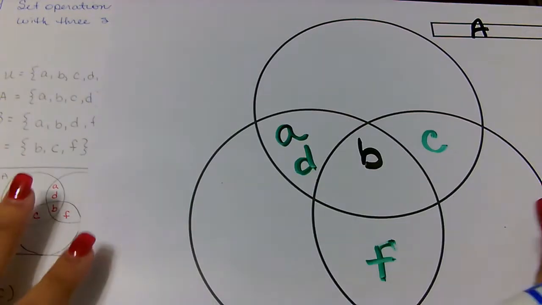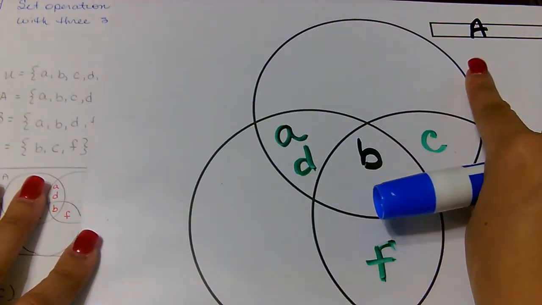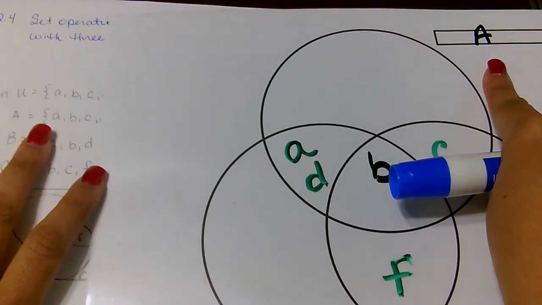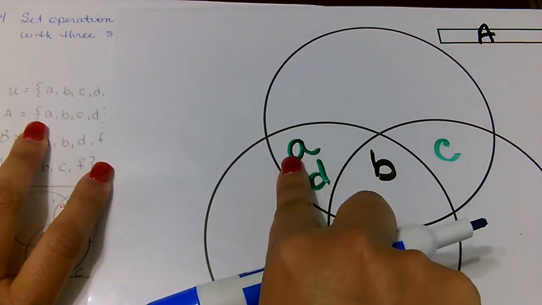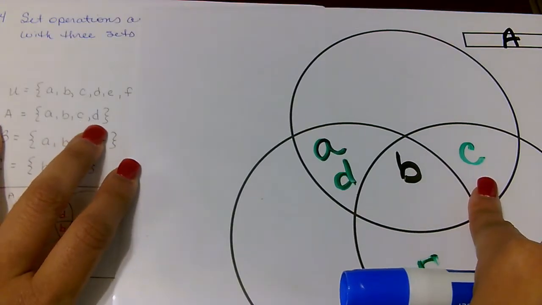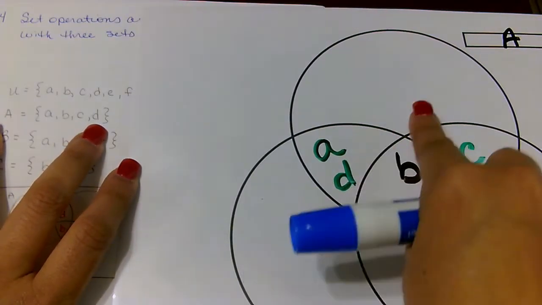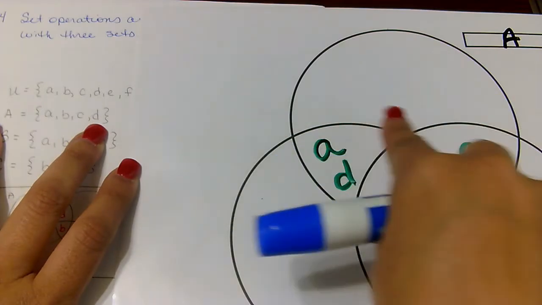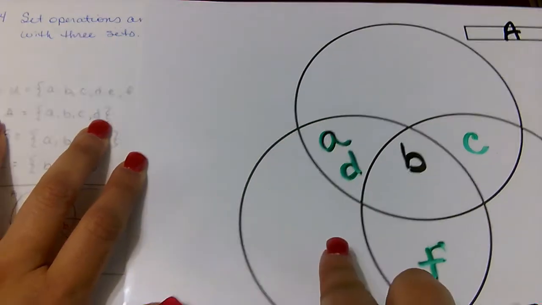Okay. Now let's go ahead and look at the individual sets themselves. Let's start with set A. So here I have A is here, B here, C here, and D there. So I am not going to include any other elements right here. Okay.